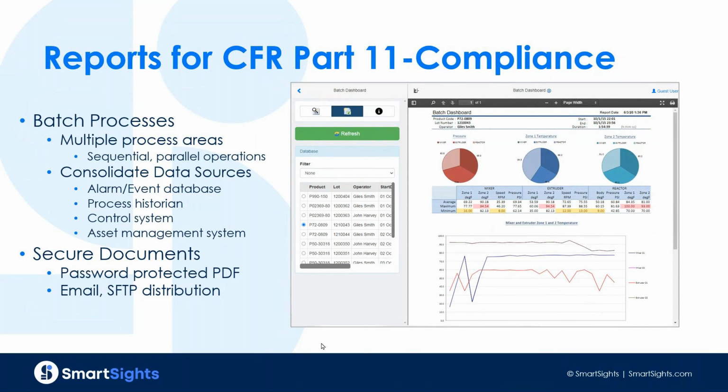You can consolidate all the data sources. We could pull information, and some of the examples you're going to see here are from the alarm and event database. You can pull it from your process historian, from the control system, or maybe an asset management system, depending upon the needs you have to populate the documents. Again, these are all secure documents or password protected PDFs, and they can be email distributed or stored in other areas within the organization.